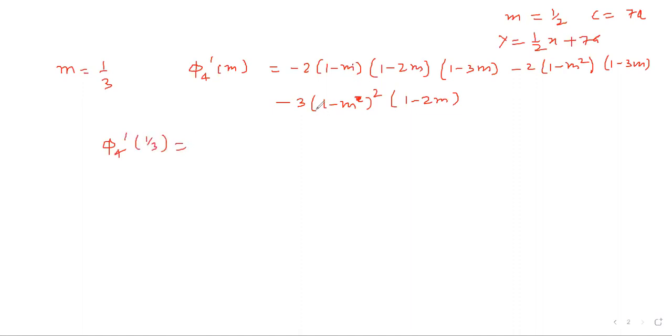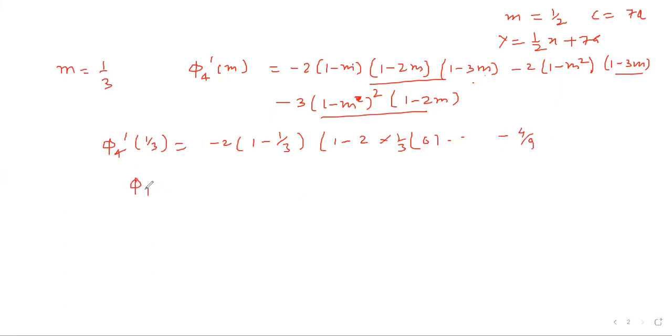So here in place of m, we can write 1 by 3 minus 2 times 1 minus 1 by 3, 1 minus 2 into 1 by 3. And this term will become 0. So we can easily say that the term containing 1 minus 3m will become 0. So only one term will be there. And then we put the values, so finally, we will get minus 4 by 9. So we can say phi 4 dash 1 by 3 is equal to minus 4 by 9.